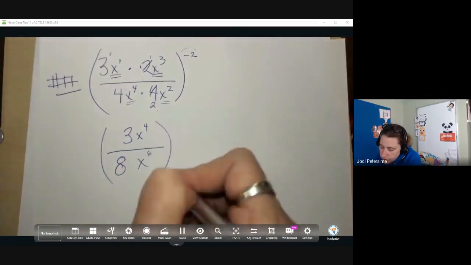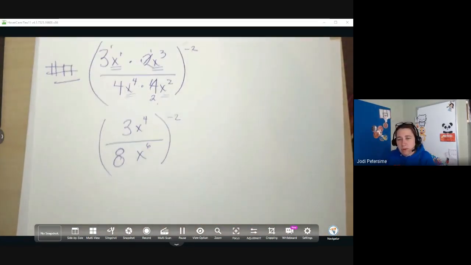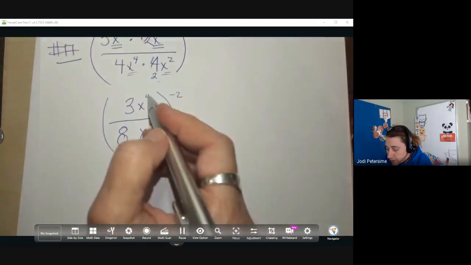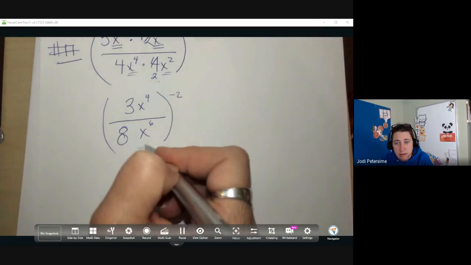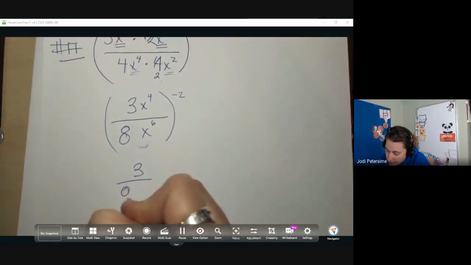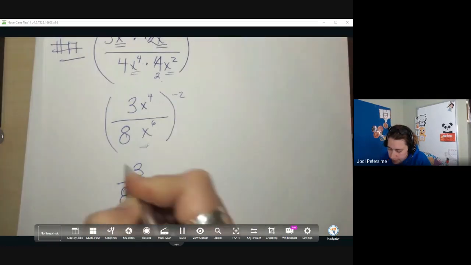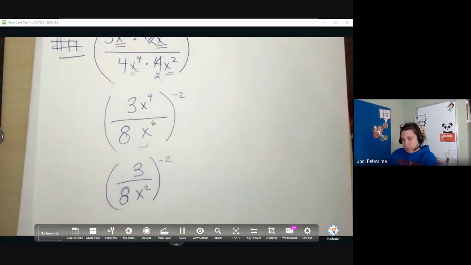Now that's all still in this negative exponent, but I'm not done simplifying. 4 minus 6 is 2, and I got more down in the bottom, so I'm going to have 3 over 8x squared. And now I can raise it to the negative second power.